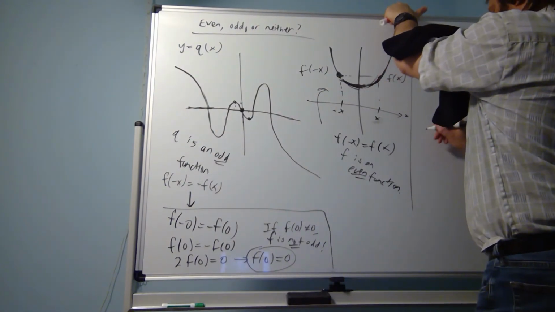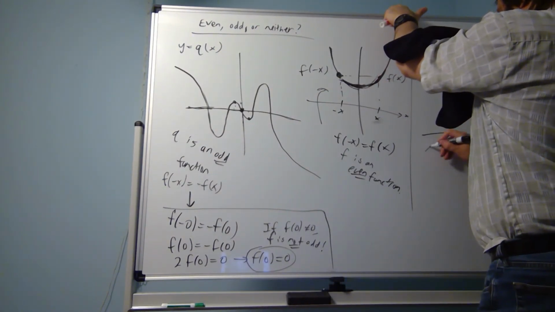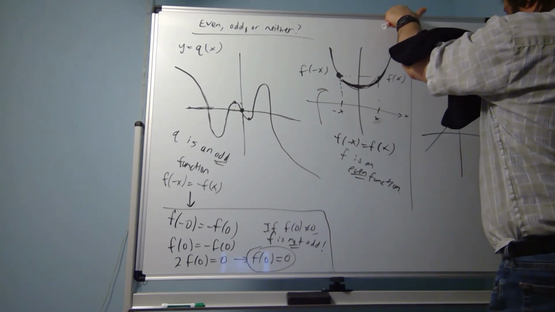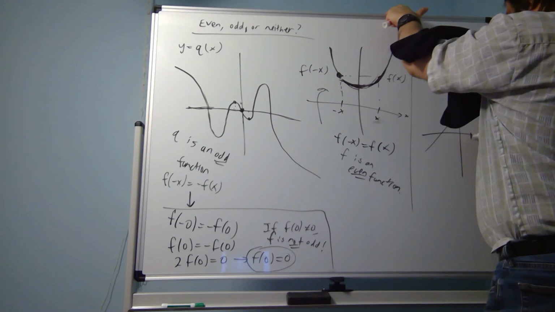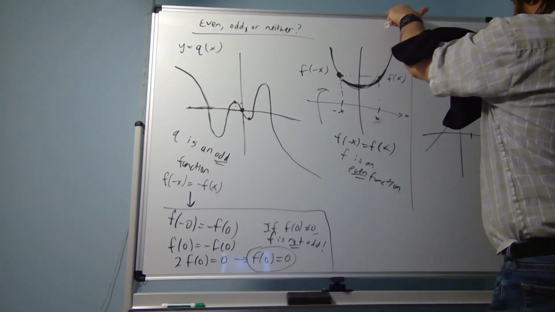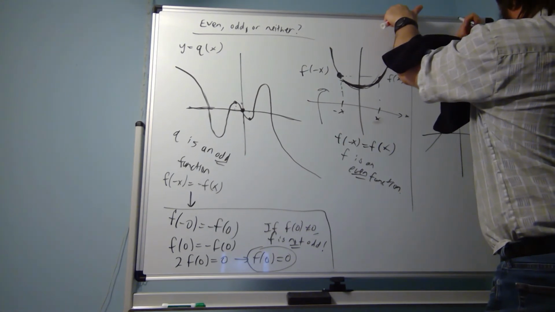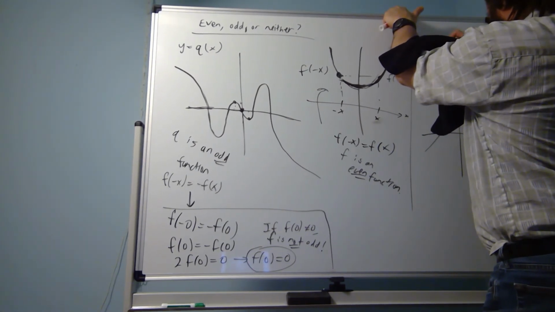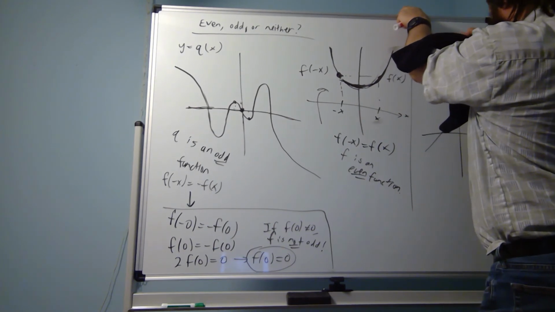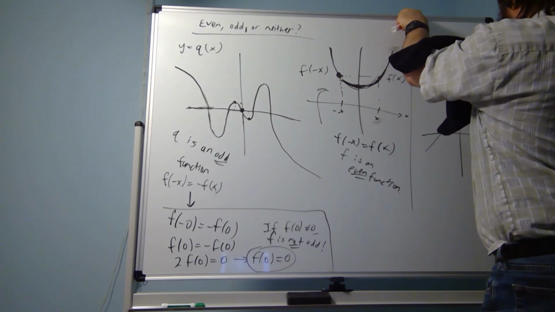And let's just do one that's neither. Here's the x-axis, here's the y-axis. Well, I plug in 1, I get 1, 2, 3. So let's just say g of x is equal to x plus 2, nothing too fancy.